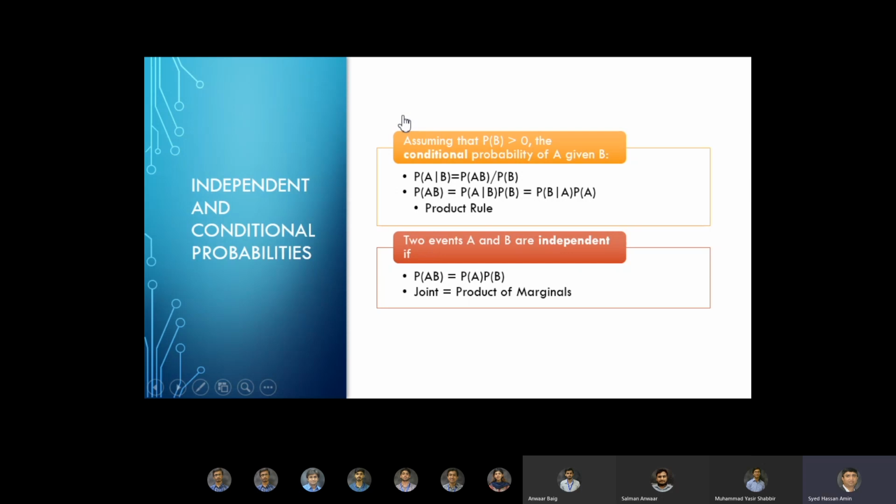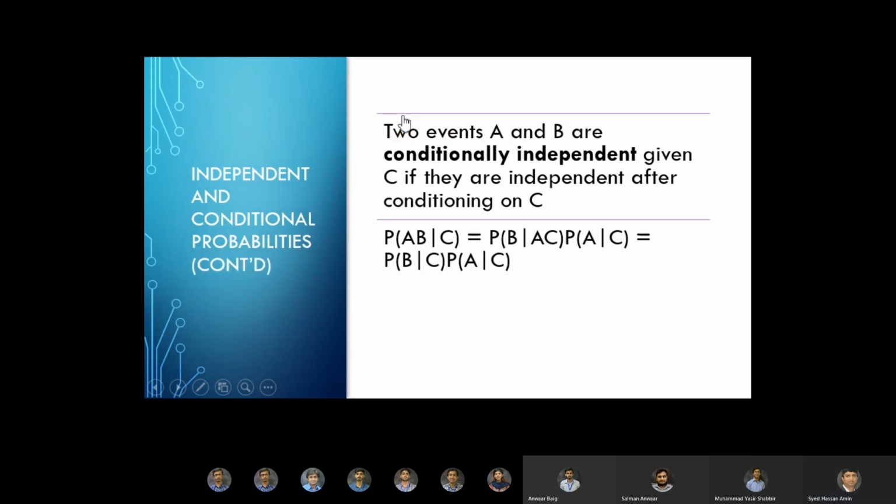So assuming that the events A and B are independent, they don't depend on each other. So that means probability of AB is equal to probability of A multiplied with probability of B. So in this case, joint is equal to product of marginals. Okay. So we might have another interesting case in which 2 events A and B are conditionally independent given some other event C, if they are independent after conditioning on C. Okay.